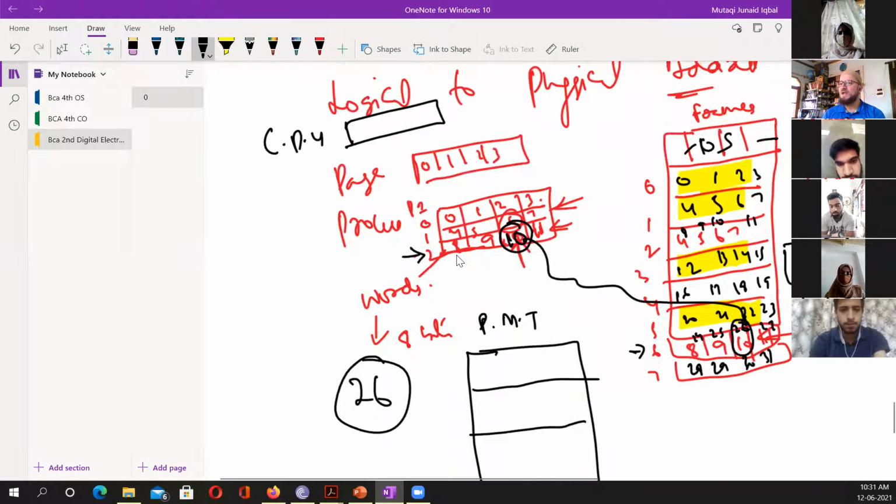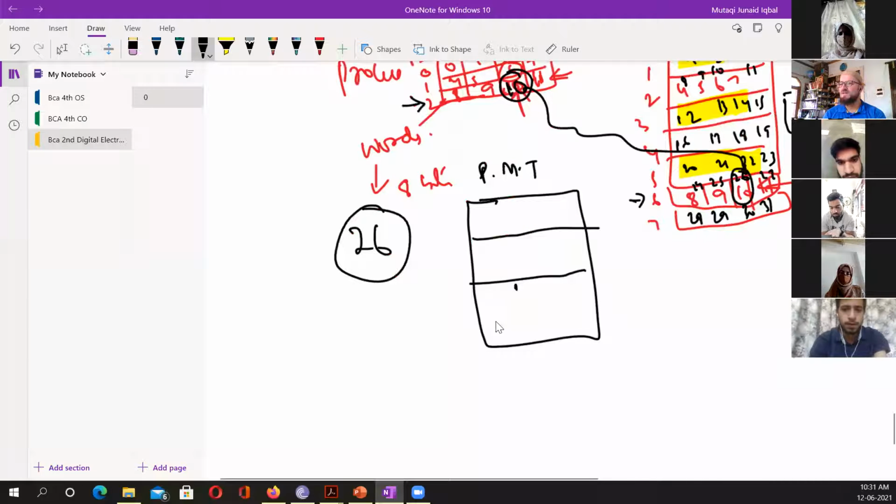So this one is for 8, this one is for 9, this one is for 10, and this one is for 11. But where have I loaded the page 10? I have loaded the page 10 at 26 location. So I have to write here 26.